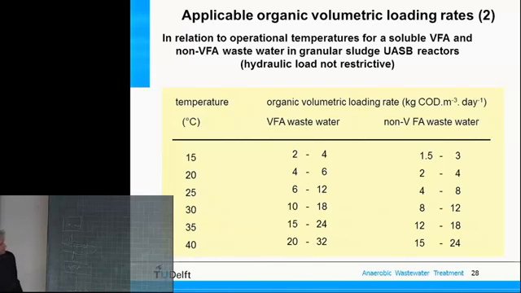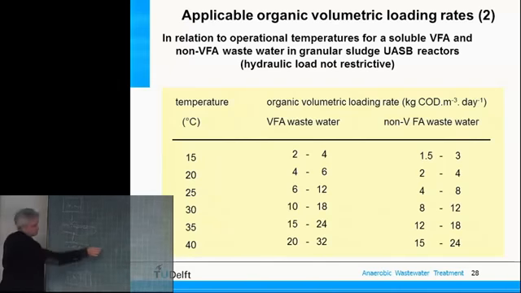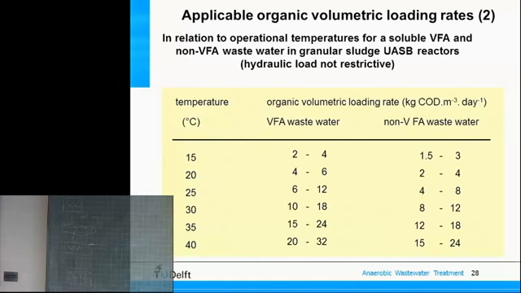Now if we feed a reactor with this type of wastewater, then we only make use of a part of the chain, only the last steps, only methanogenesis. So this is very simple wastewater. When we enter the chain here, then the wastewater is more complex, but we also need a bunch of bacteria in order to convert these more complex compounds into VFA. So here we have a bigger group of bacteria required than here.